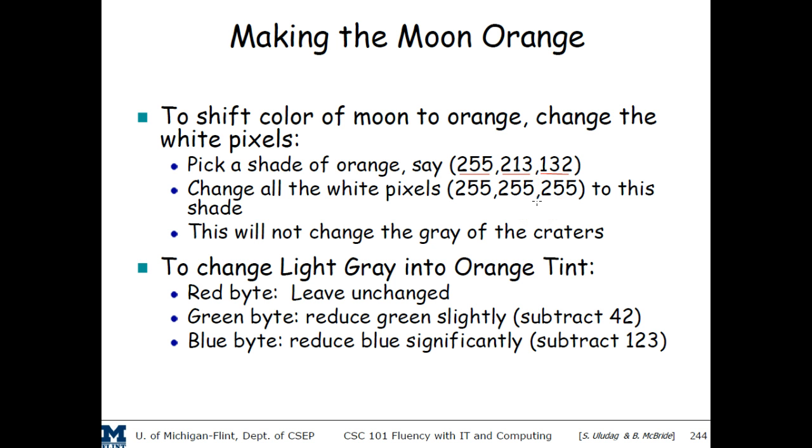What we are going to do then to start this colorization process is locate all of the white pixels. Again, those would be pixels with 255, 255, 255 for the red, green, and blue, and replace them with 255, 213, and 132. And this would change all the white pixels to this new shade of orange that we want.